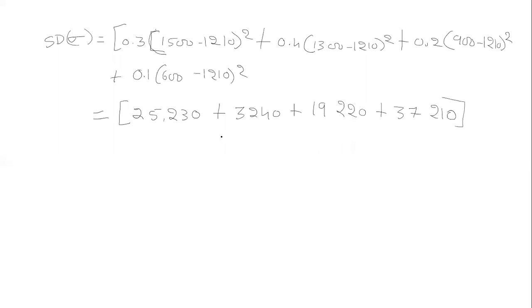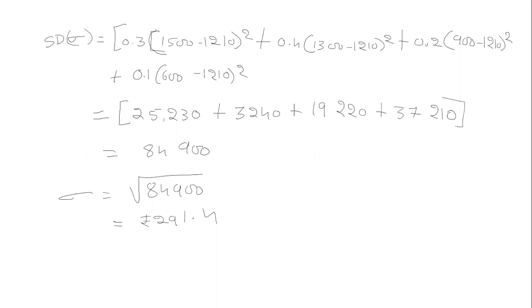So total we will get 84,900. So standard deviation is root 84,900, that is rupees 291.4. So here risk is more compared to investing 1,000 rupees in Box Limited. But the return is huge. With the risk, return is also huge.